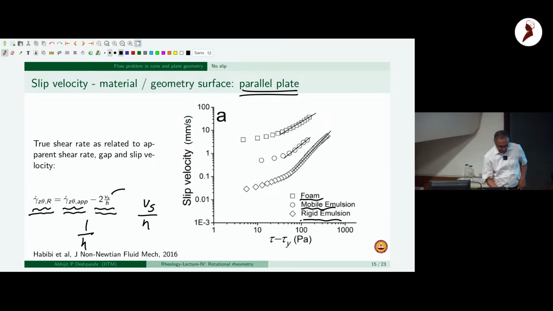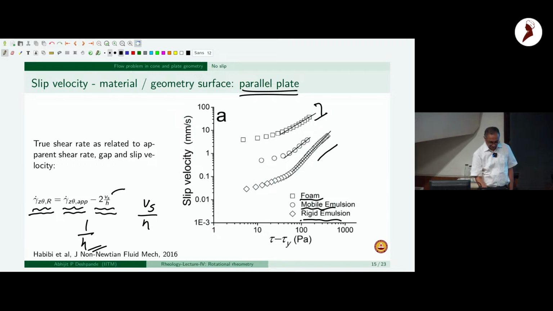Using this kind of process, they have been able to quantify the slip velocity in these 3 systems, showing that it is much larger in the case of foam, and much less significant in the case of the other emulsions.